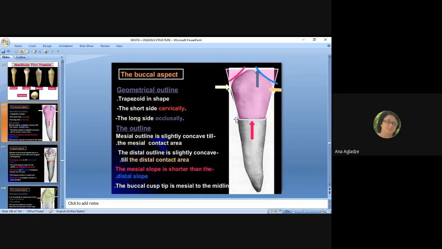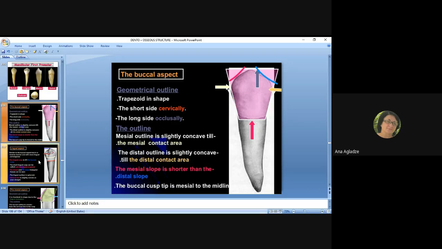It is trapezoid, and the base lies occlusally, and the short base lies cervically. The short side is cervically located, and you can see that the mesial outline is slightly concave, then the distal outline, and the mesial slope is shorter than the distal slope.